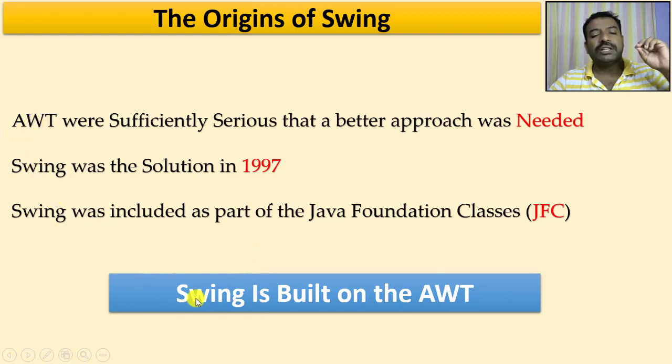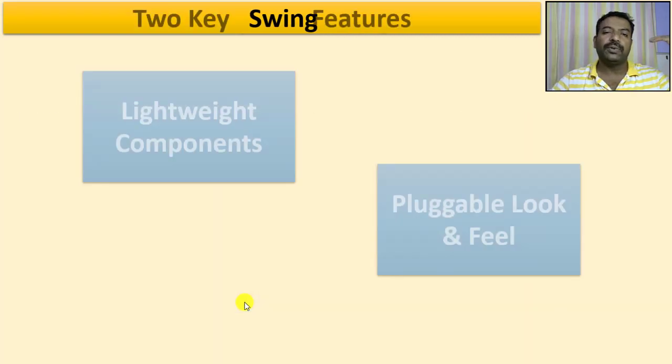Hence, the Swing application is going to use a few components from AWT. Hence, an application that has been built with AWT can also be run using Swing. This is what it means that Swing is built using the basic base of AWT.